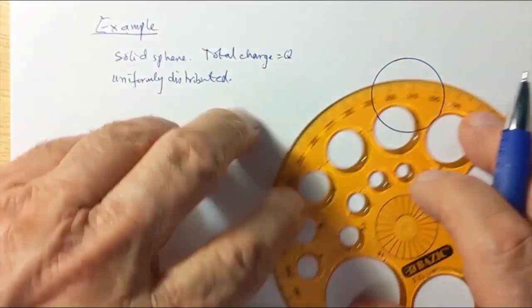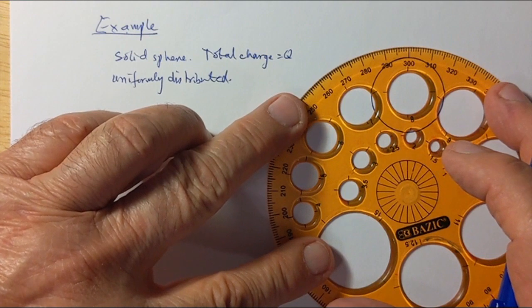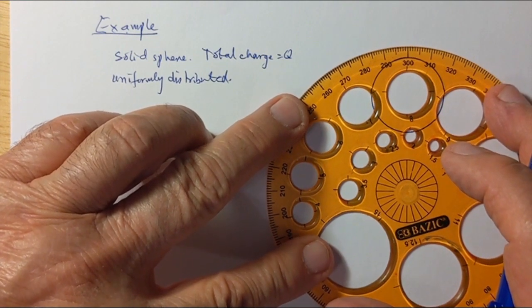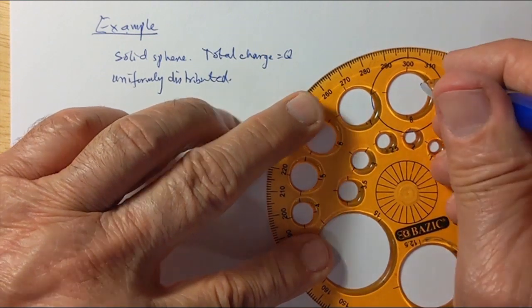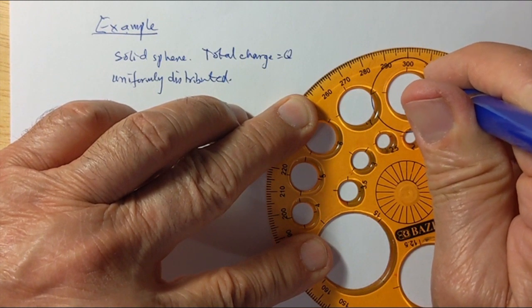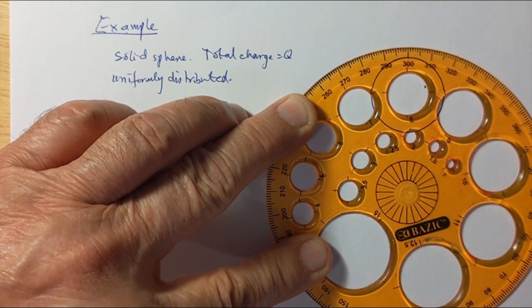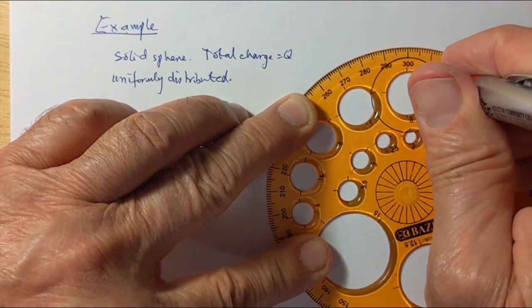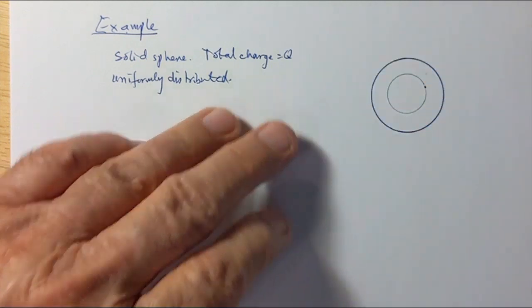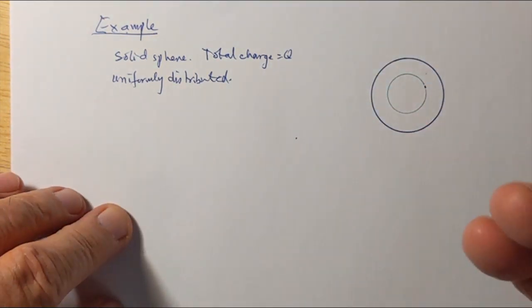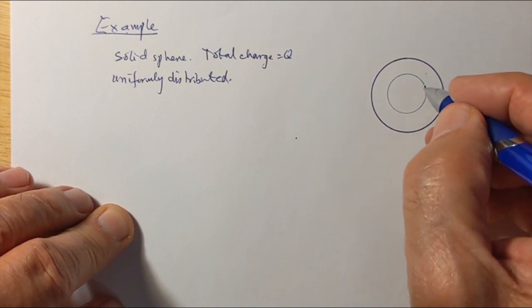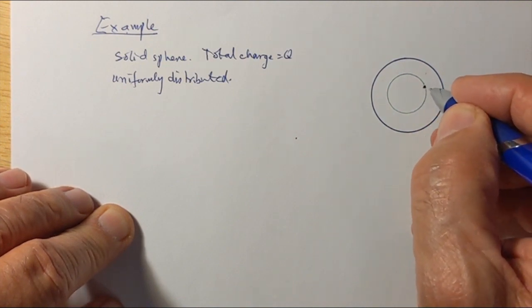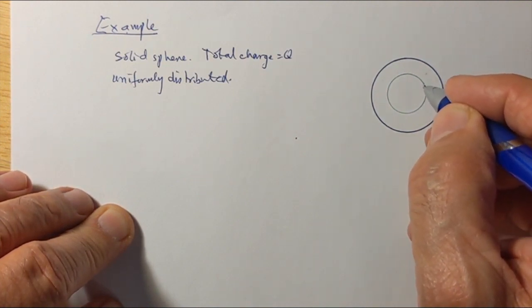So let's just make another sphere, and let's say this is concentric with the first, and what's the electric field here? And we'll make a Gaussian surface over here. Well, this should be concentric. So that's our point P. The question is, what is the electric field at the point P?